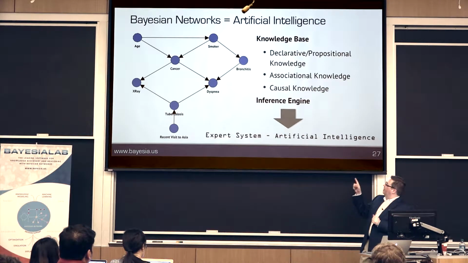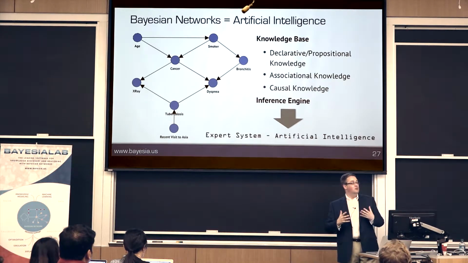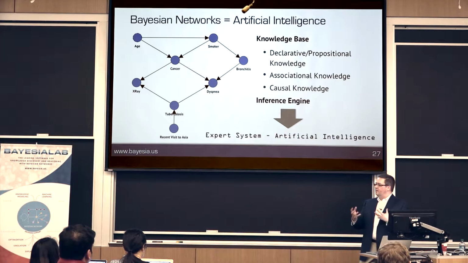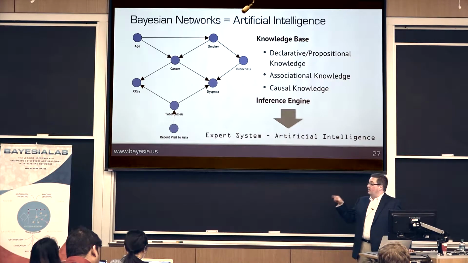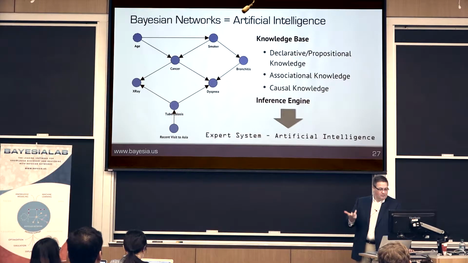If we think about what's contained in there, we have declarative and propositional knowledge, because it contains probabilities, it contains the values. We have associational knowledge. We can see how nodes are associated. And we can also have encoded any causal links, how specific nodes are related and causing other nodes.